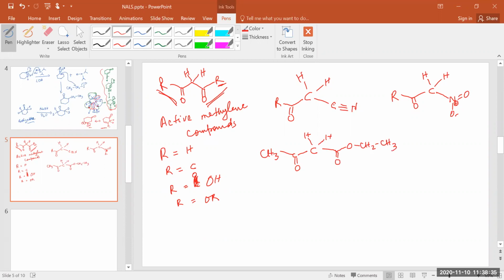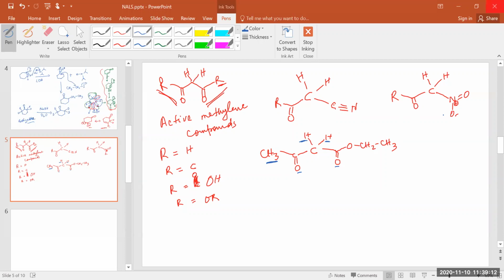Tell me quickly, how many enolizable hydrogens? 5. 3 and 2 enolizable hydrogens. Which set will be more reactive? You have 3 and 2, so these two will be more reactive than these three, because they have two adjacent carbonyl groups.